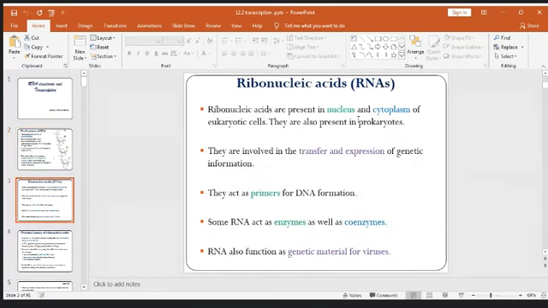The ribonucleic acids are present in the nucleus as usual, and they can also be found in the cytoplasm of eukaryotic cells.